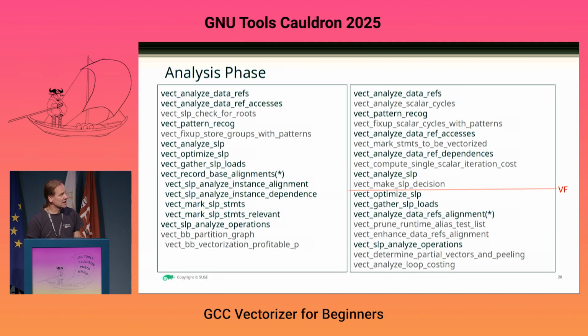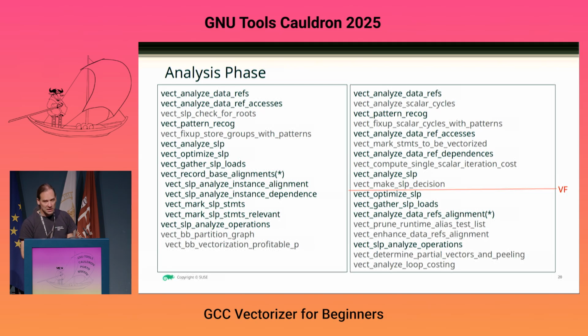And we do this scalar pattern recognition at that point. As these two interact somehow, we have to fix up the scalar cycles with what we did with the pattern recognition, and then we continue with the data ref accesses.